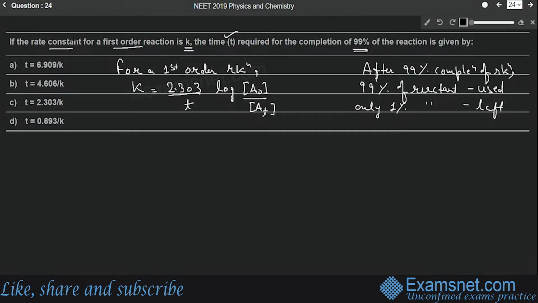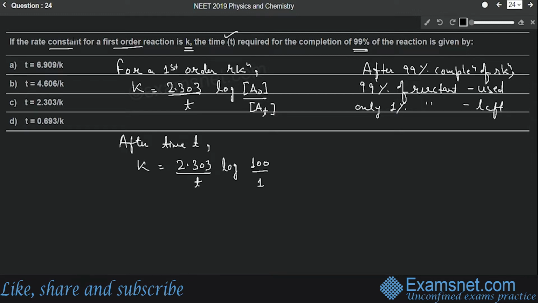So we can say that after time t, the rate constant K will be equal to 2.303 by t log 100 by 1.